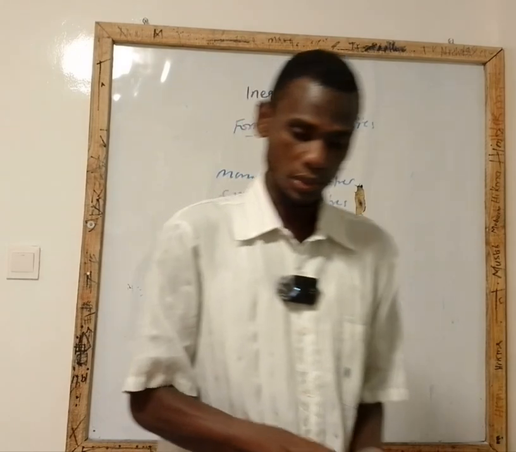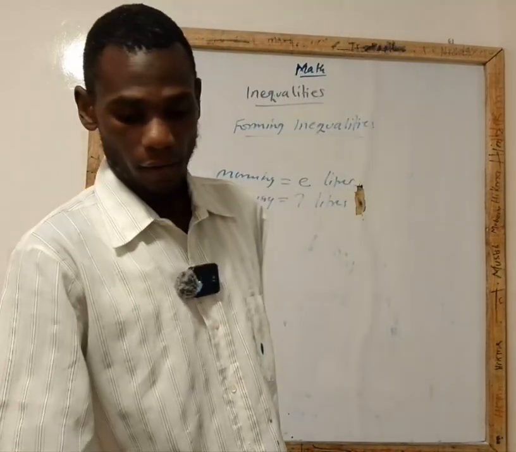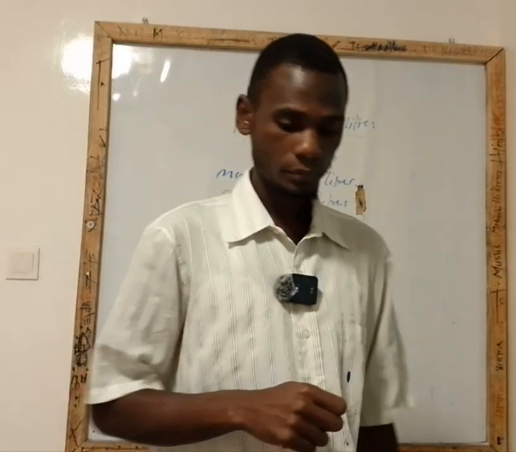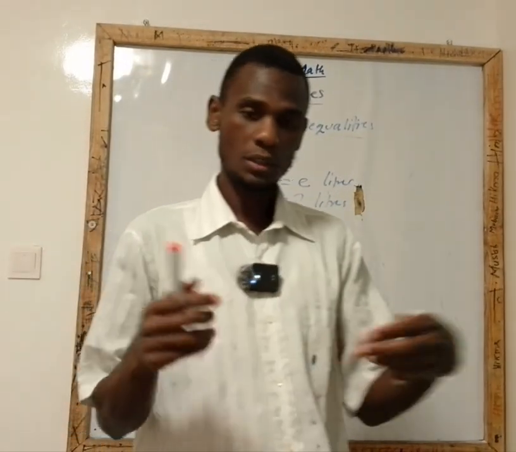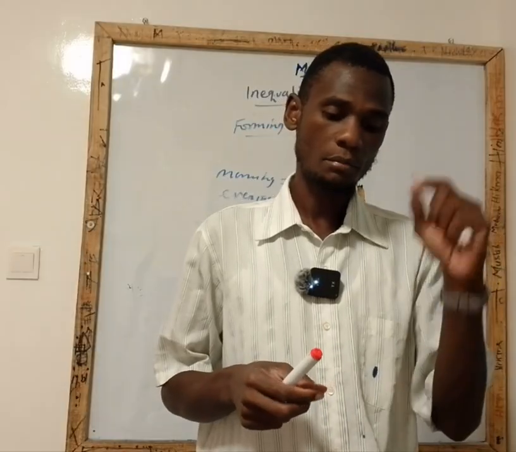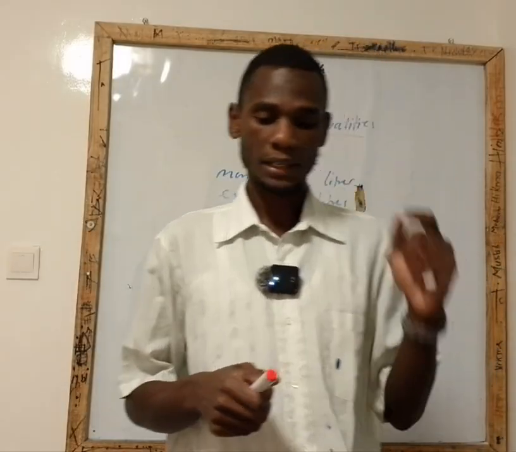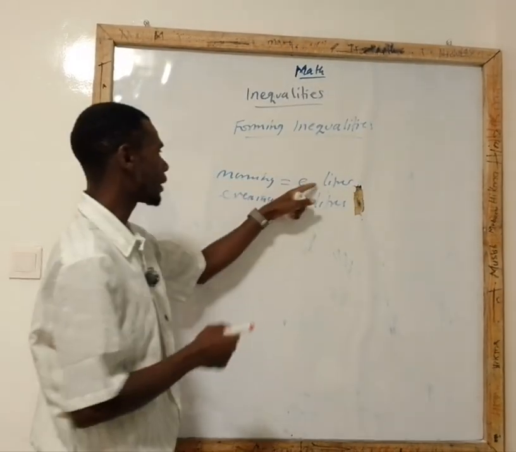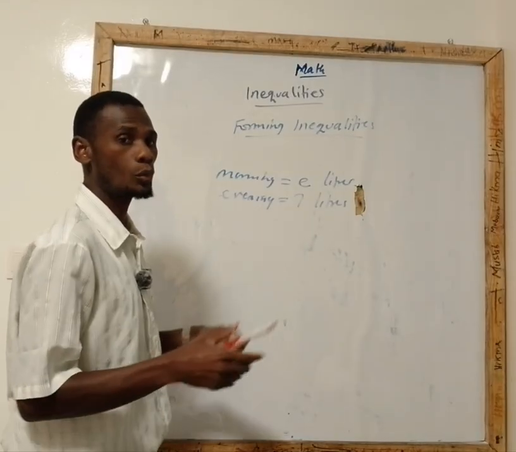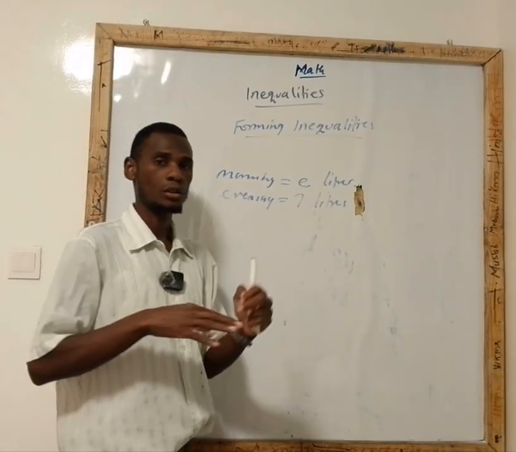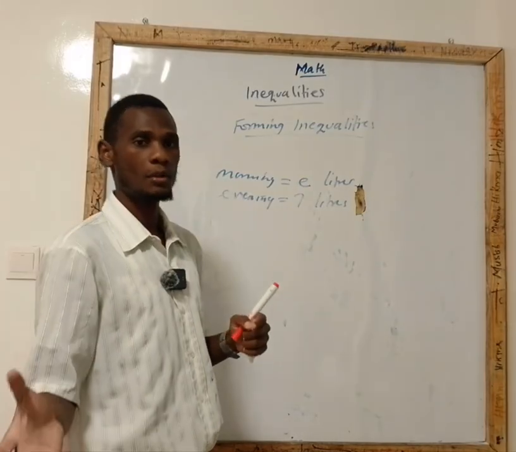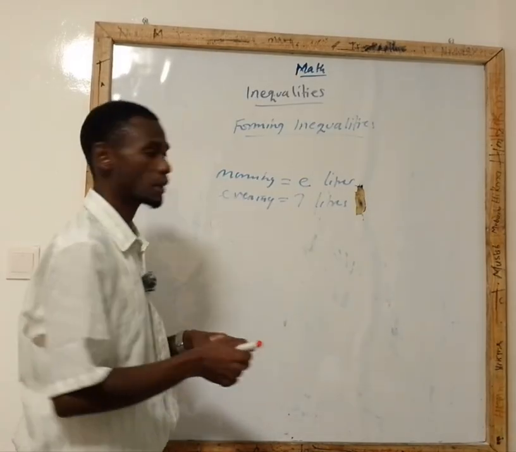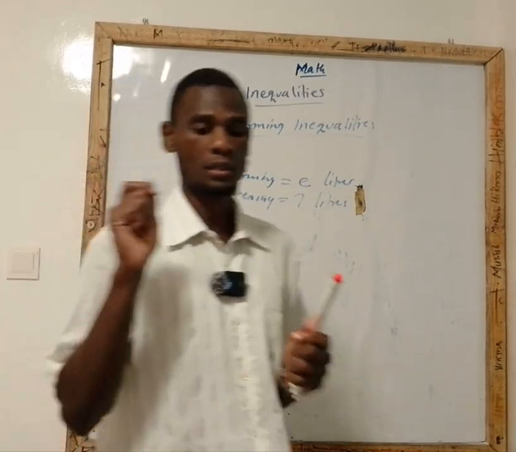What does the instruction say? Form an inequality to represent this information. We know that the total, that was the first statement, that a cow produces more than 22 liters of milk every day, in the morning and in the evening. For us to get the total every day, we get the amount in the morning plus the amount in the evening, then we add the two. But you are told it is more than 22 liters.